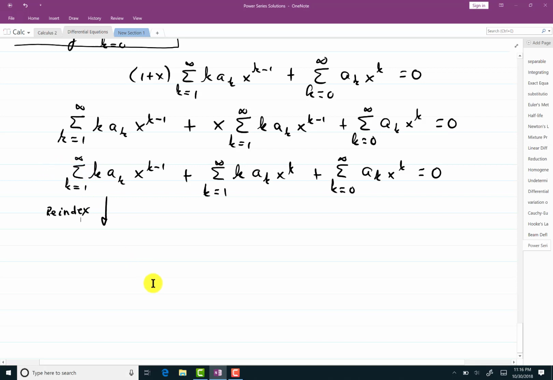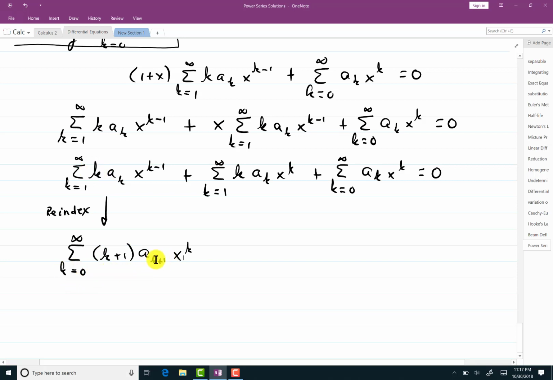That means I plan to start k at 0 instead of 1. That's okay. When k was equal to 1, I had 1, a sub 1, x to the 0. I can get that back by changing the k to k plus 1, my a sub k to a sub k plus 1, and then I'll have an x to the k. And you'll see everything still works. When k equals 0, this piece right here is 1, which matches the k that was there before.